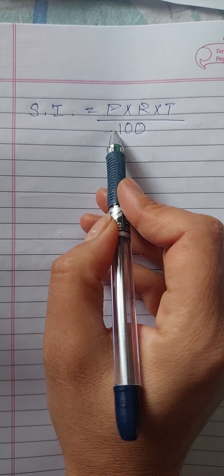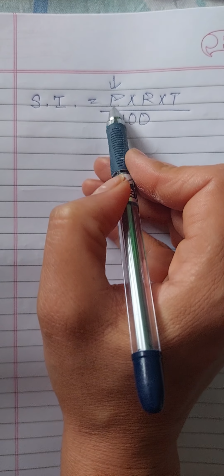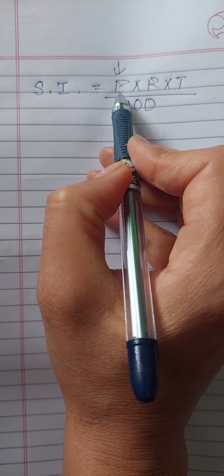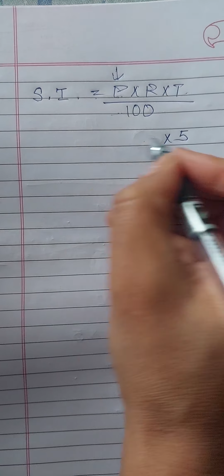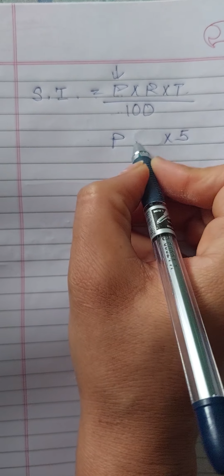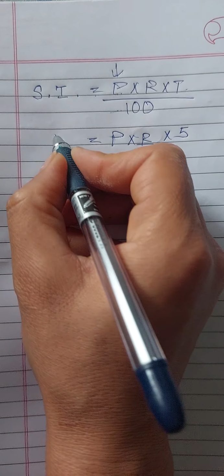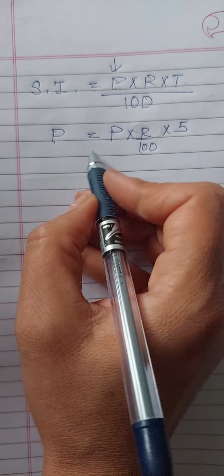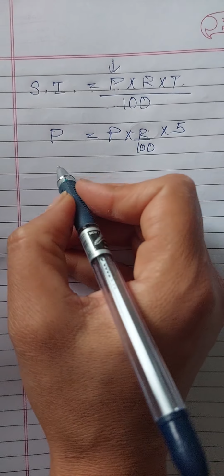Here we have a formula: a certain amount, that means the principal, has to double itself. That means it has to obtain an interest equal to itself in 5 years. So in 5 years, at what rate should a principal obtain an interest equal to itself? Now we have to find R, so the rest of the things must be shifted.